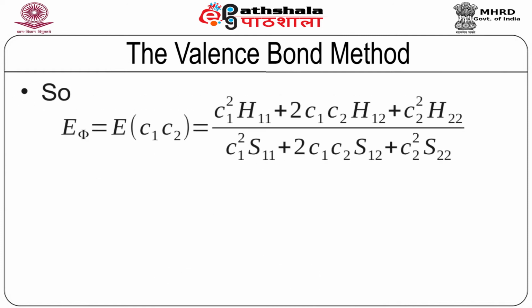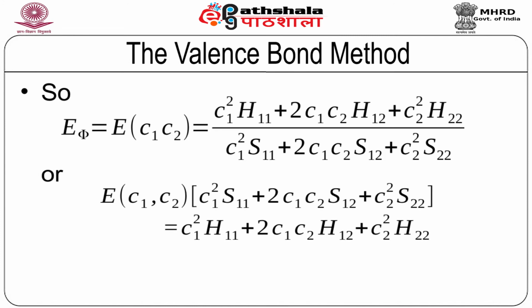So we can write E phi equals E as a function of C1 and C2, and that is equal to C1 square H11 plus 2 C1 C2 H12 plus C2 square H22, divided by C1 square S11 plus 2 C1 C2 S12 plus C2 square S22.